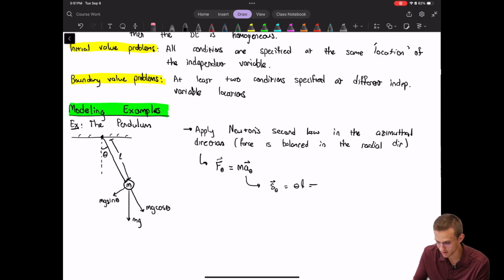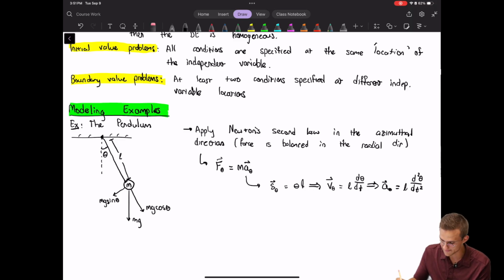And so therefore our velocity in the azimuthal direction is L times d theta dt, and our acceleration in the azimuthal direction is L times the second derivative of theta with respect to t.